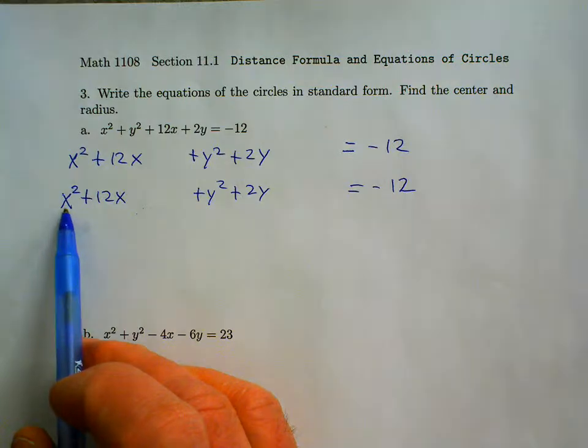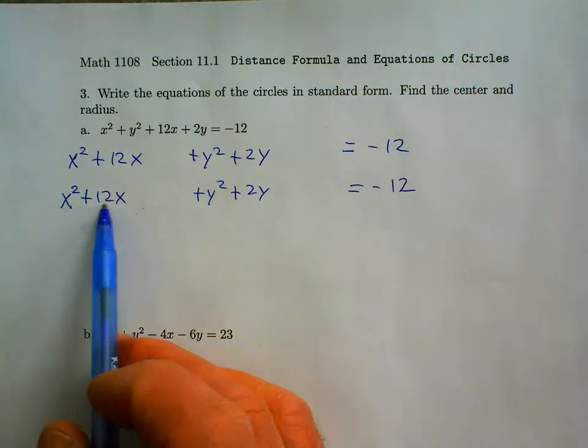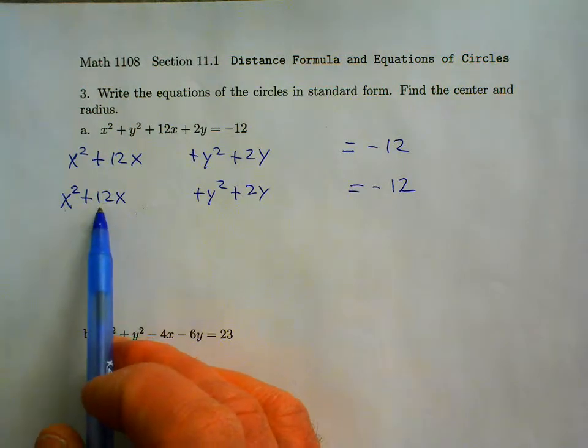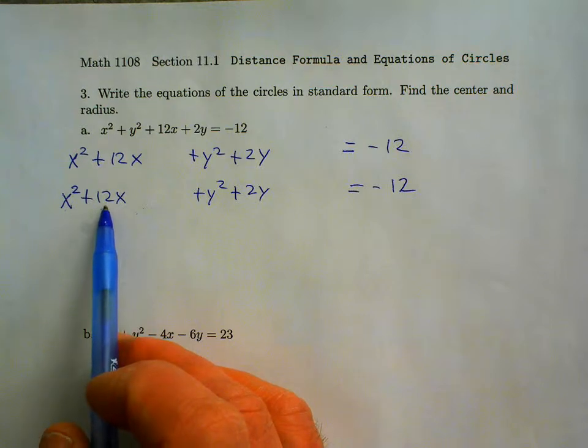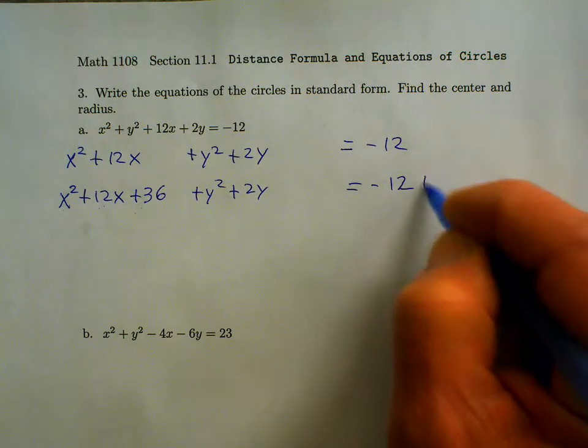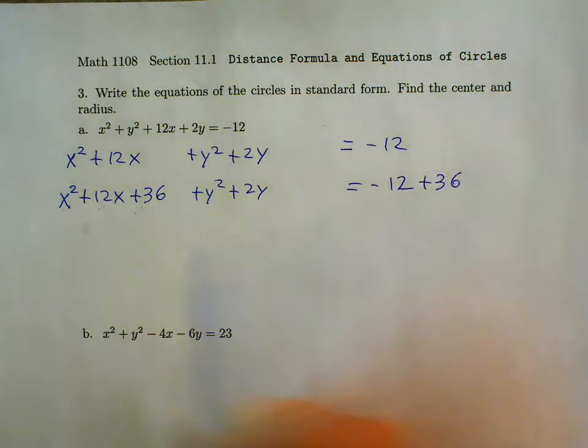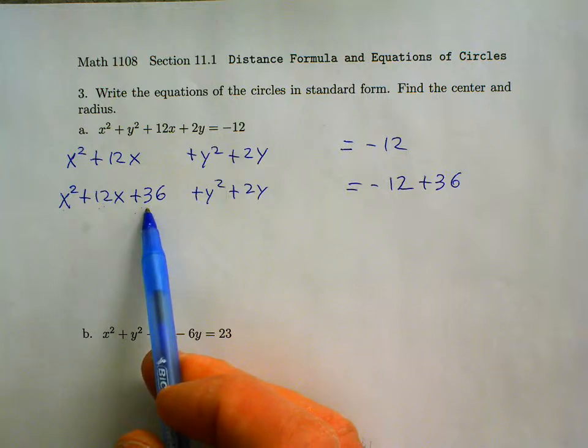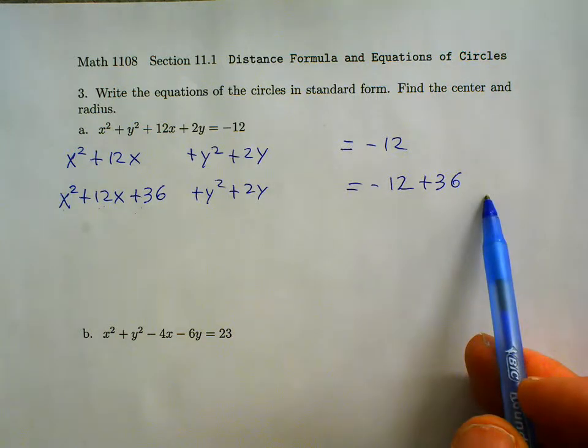Well, since the coefficient of x squared is 1, we take half of 12 and square it. Half of 12 is 6. 6 squared is 36, so we're going to add 36 to both sides of the equation. Whatever you do to one side of the equation, you have to do to the other.